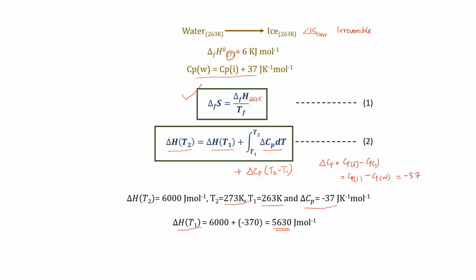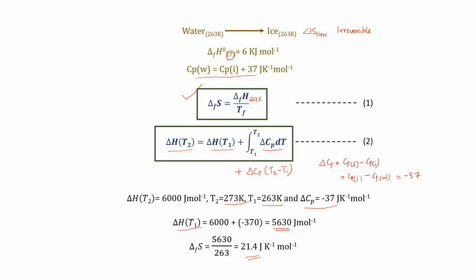And using this delta H T1, we can calculate the change in entropy of the surroundings as delta SF is equal to 5630 by 263, which is 21.4 joule Kelvin inverse mole inverse.